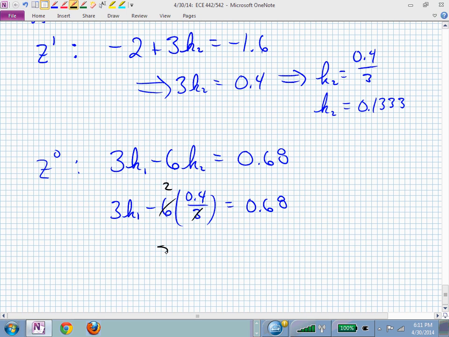And now we have that 3k1 is equal to 0.68 plus 0.8 over 3.